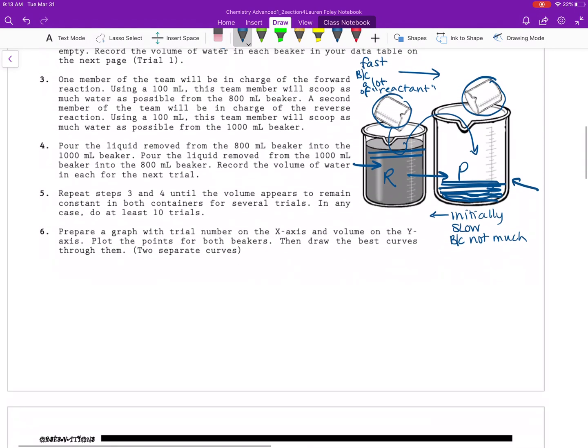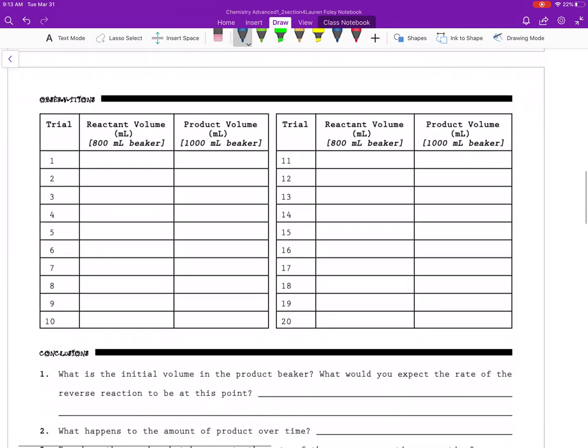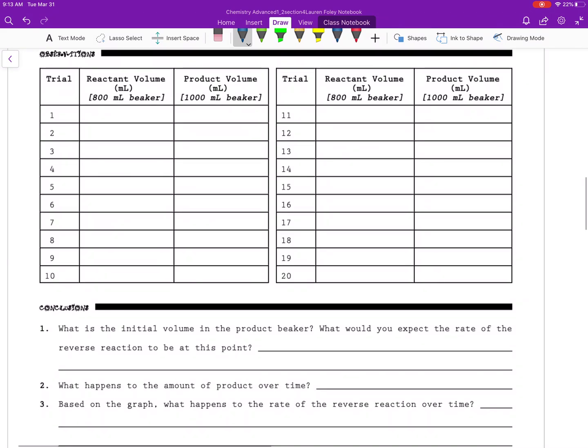So I'm going to just fill in this data table. We would have poured from reactants to products, from products to reactants, and then recorded the volume. So initially there were 500 milliliters here. There were no milliliters here. What you probably would have seen after a transfer is about 480 here and 20 here.